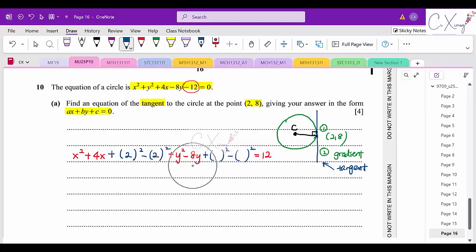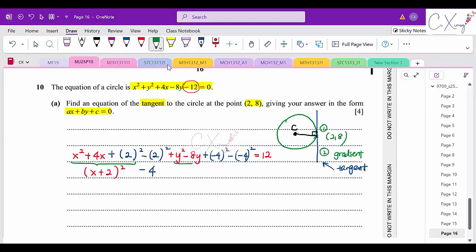For the negative 8, negative 8 divided by 2 is negative 4, and we have negative 4 here too. To complete the square, group the first three terms for x into one big bracket, with x as the first term, 2 as the second term, and a square outside. Then 2 squared, minus 4, you just write as minus 4.